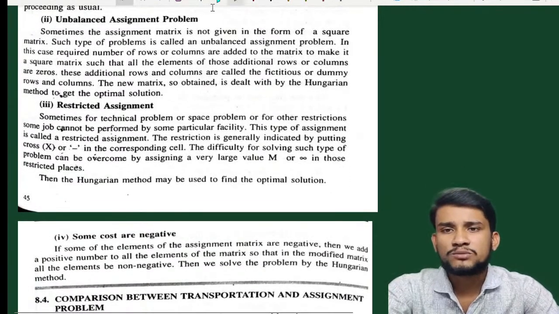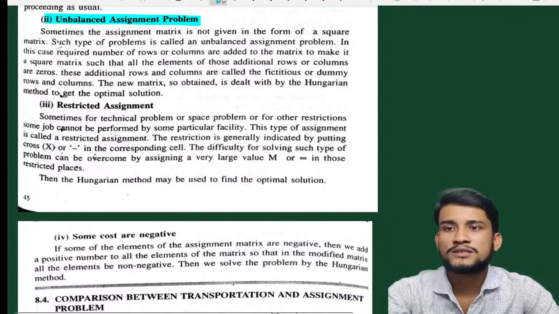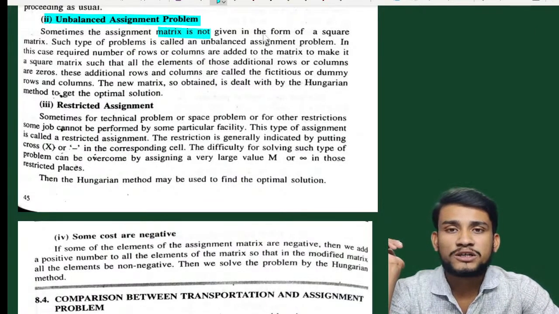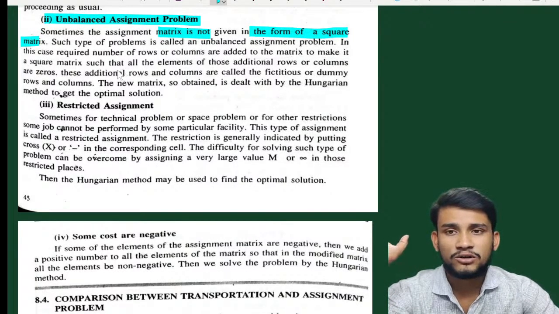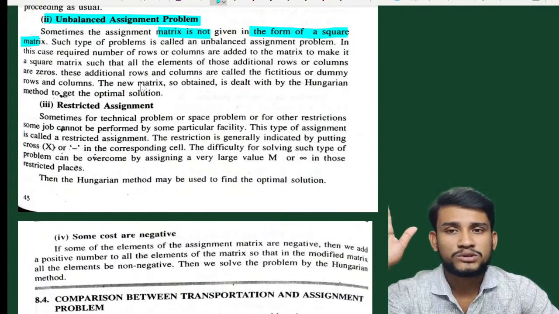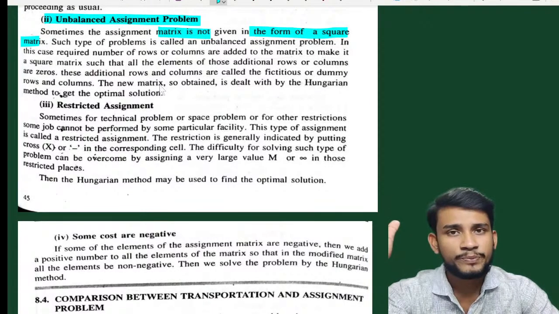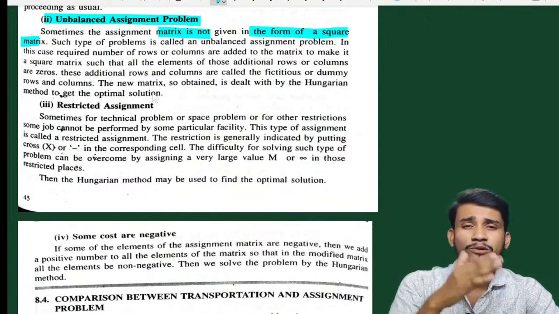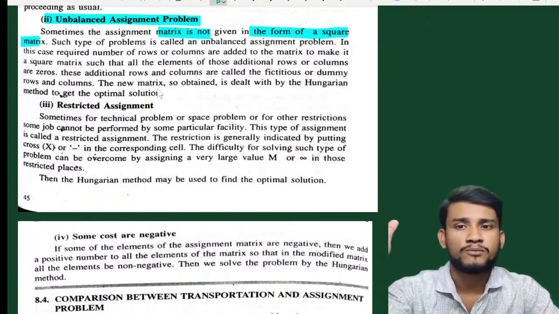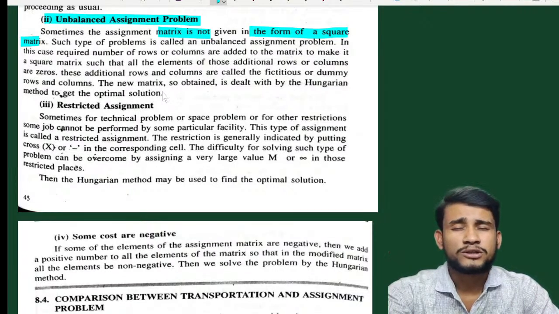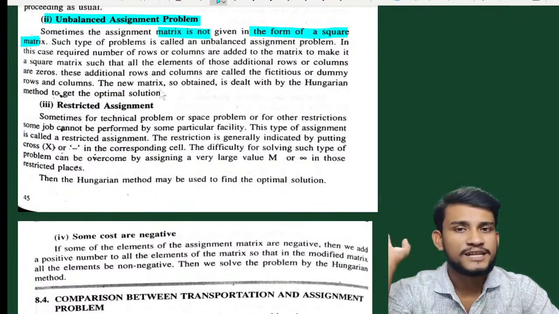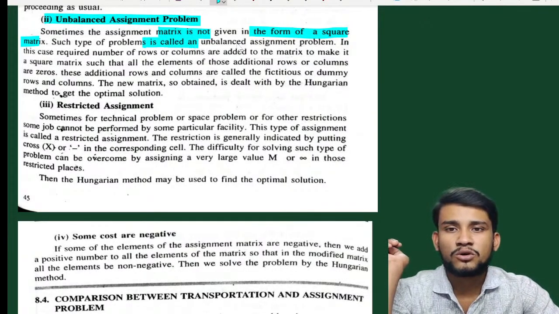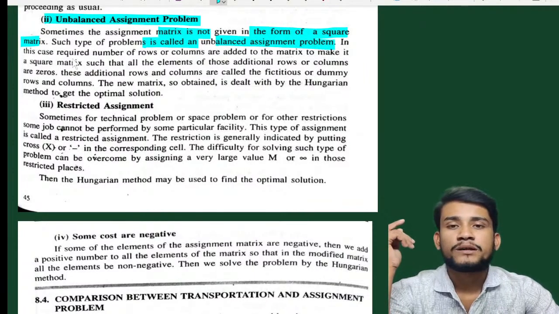Number 2 is the unbalanced assignment problem. Sometimes the assignment matrix is not given in the form of a square matrix. In the last session we already said that the assignment problem has a square matrix, that is there is a one to one correspondence between the sources and the destinations, that is there are n cities and n salesmen. Such a problem, where the matrix is not square, is called an unbalanced assignment problem.